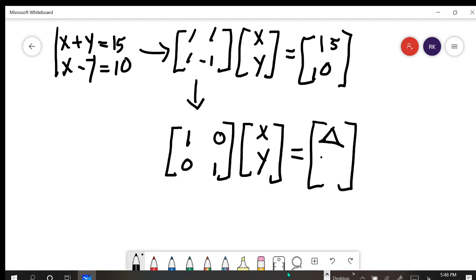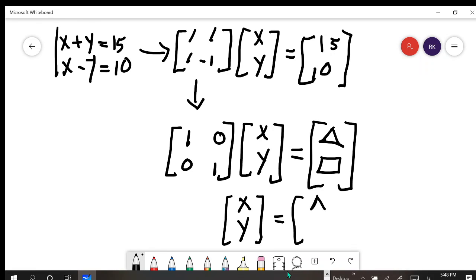I'm just going to put a triangle and a square for numbers. Then notice that if I do the same thing I just did, if I multiply, on the left, what do I get? I get 1 times x, 0 times y, and add them, I get x, right? And here I get 0 times x, 1 times y, I get y.